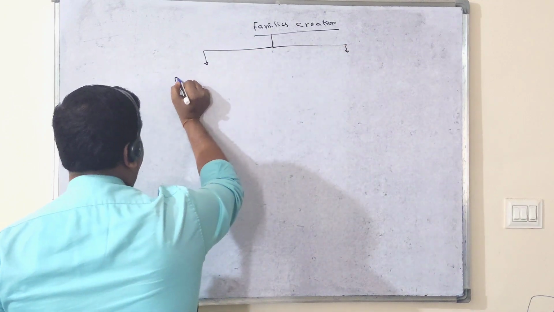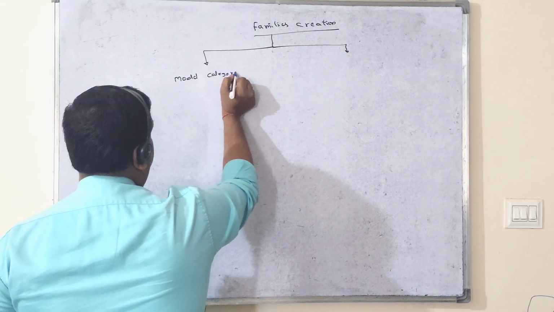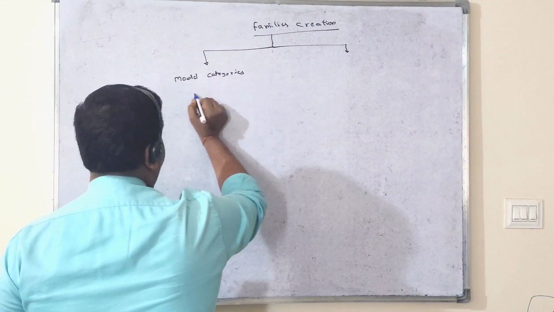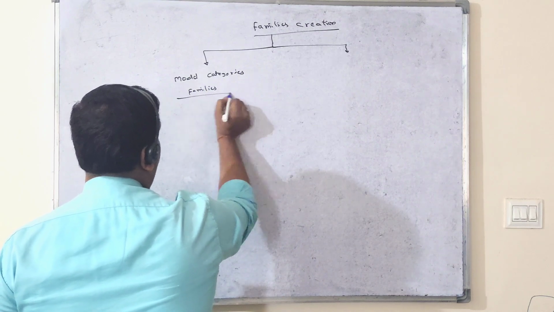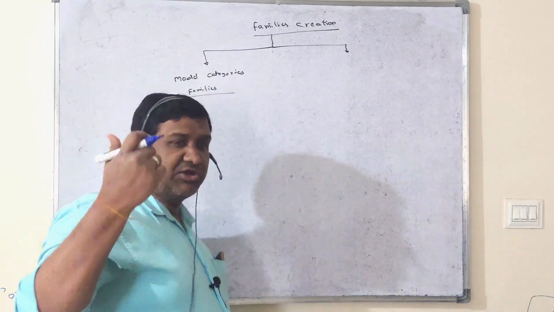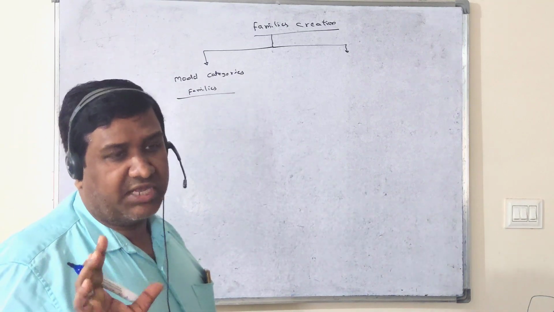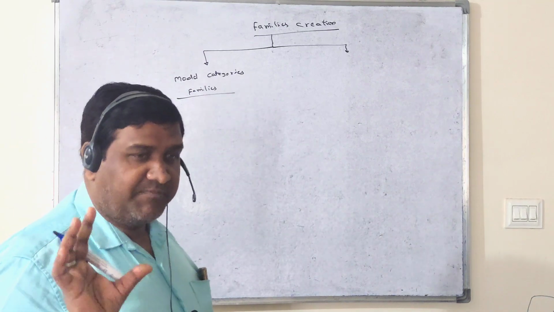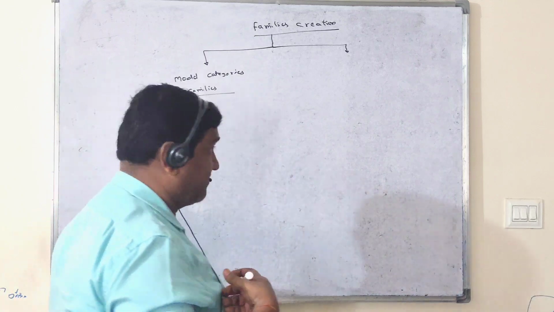One is the model categories family. Model categories means whatever model categories we are creating, we call that a model categories family, meaning solid objects, some equipment or some component, which we call a model 3D view. When we work with that type of category, we call it a model categories family.